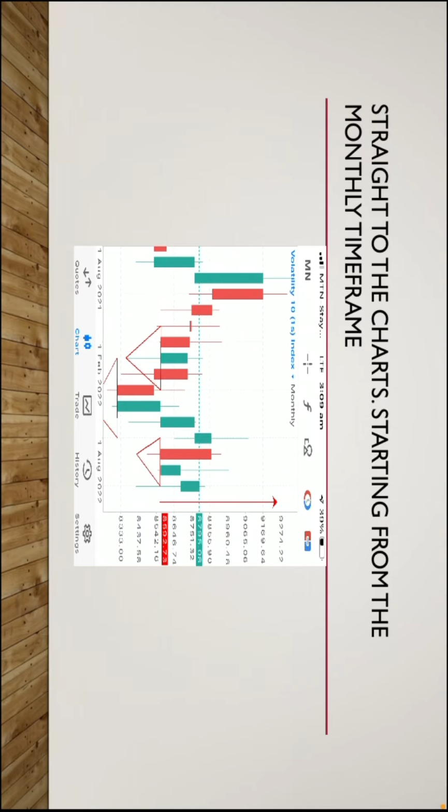If it happens on a bearish candle, a long wick to the downside, the market is going to fill up that wick to the downside. But in this case, we have a long wick to the upside. So what we should be expecting is a more bullish continuation for the market to fill in the wick. Understand? So as you can see, the monthly time frame from volatility 101S index is bullish.